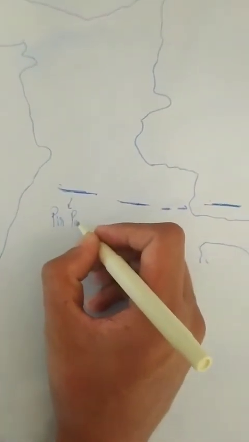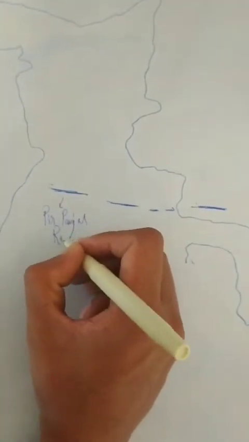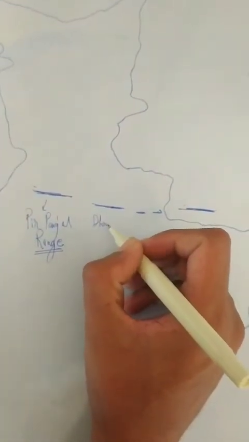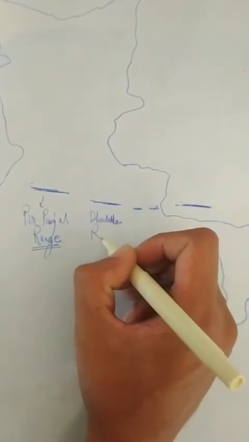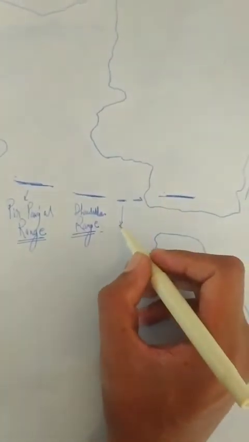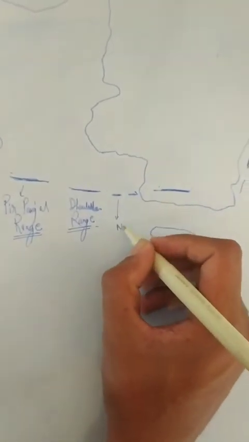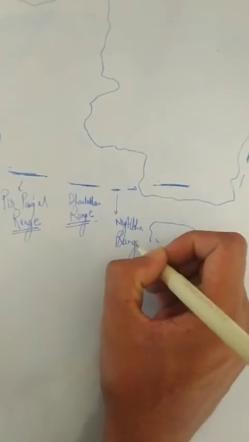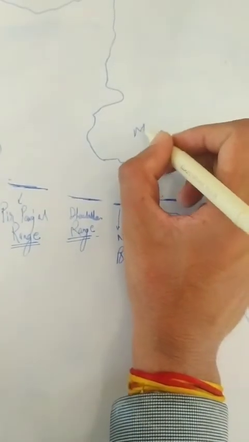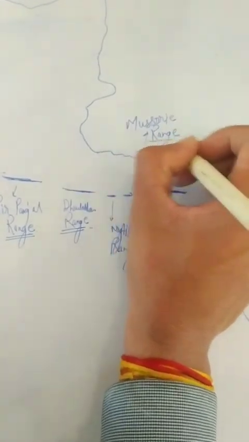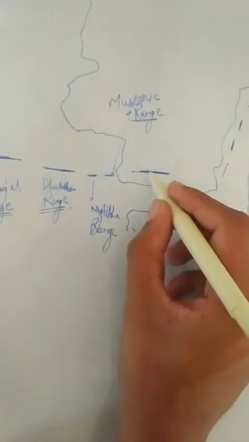Pir Panjal range, located in Jammu and Kashmir. Here the Dhauladar range is located. Here the Nagtibba range is located, and this is the Mussoorie range.